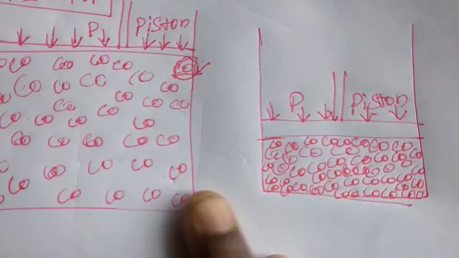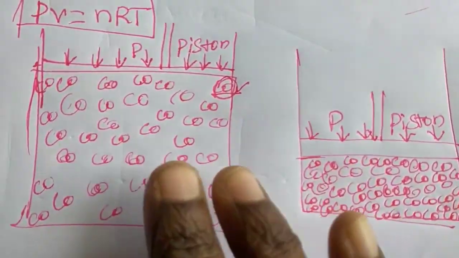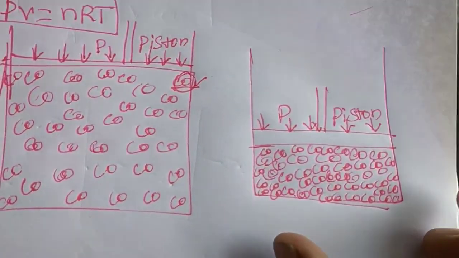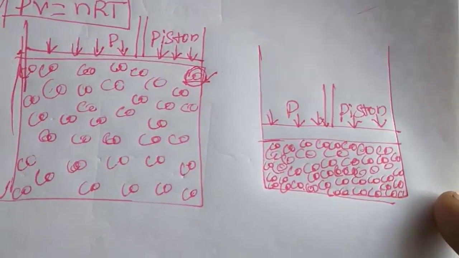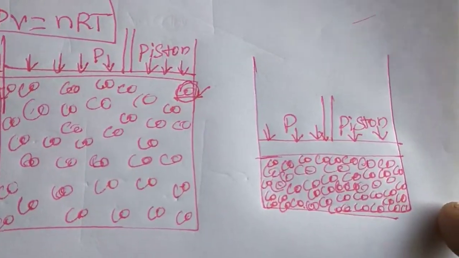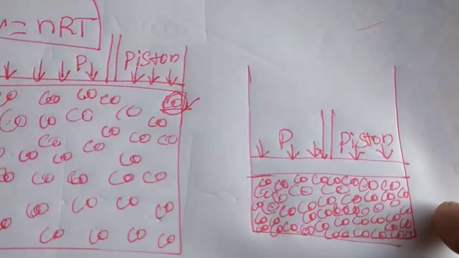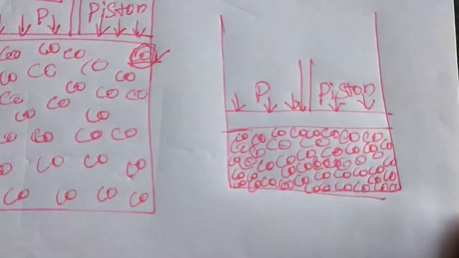Now you can see the difference between these two systems. The particles have some space between each other, but in this system they have very small space between the molecules. That means they are near to each other, and because of this small space between the molecules, they have some attractive force between one another.